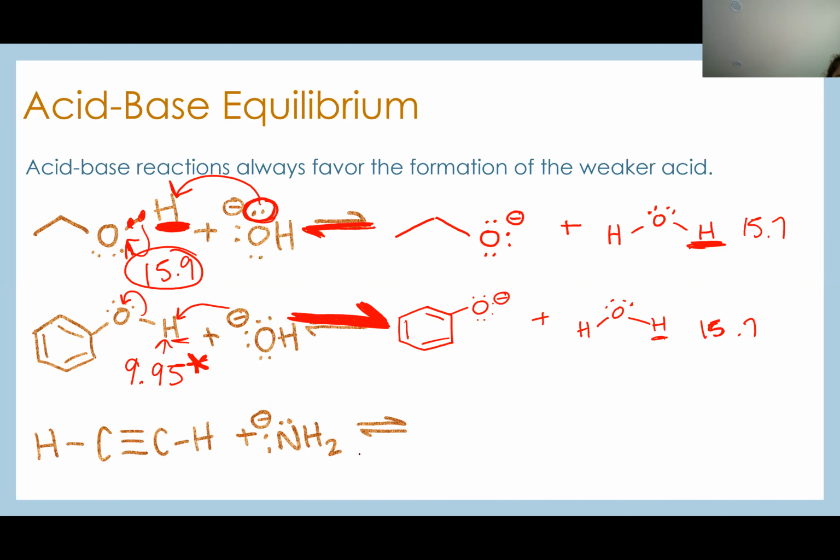Well, remember that a base is an electron donor and an acid is an electron acceptor. Does this nitrogen look like it wants any more electrons? No, it has too many and it desperately wants to get rid of them, right? So where are we going to draw our arrow to? The hydrogen.